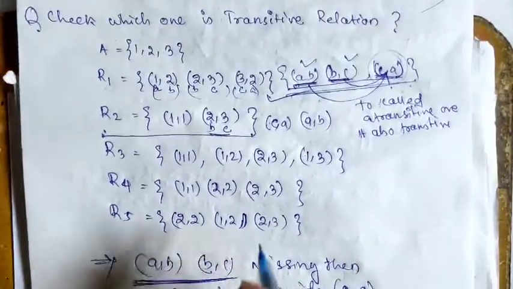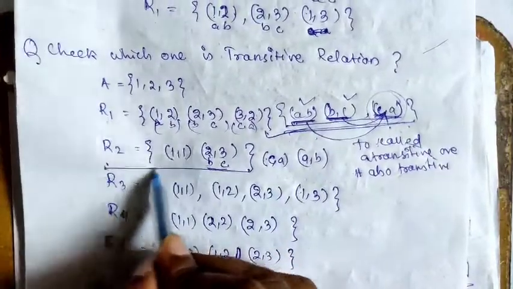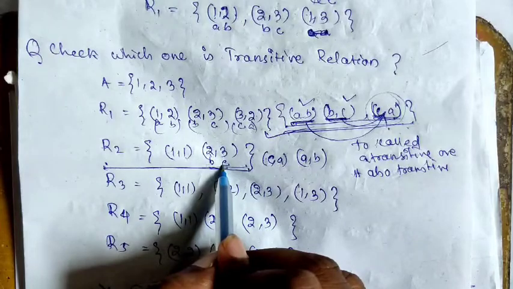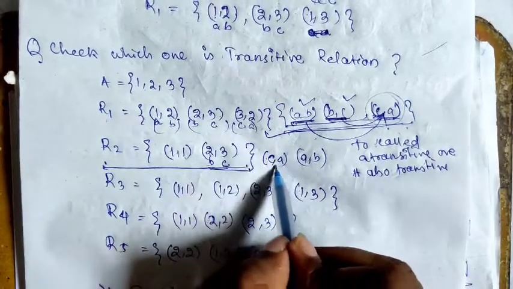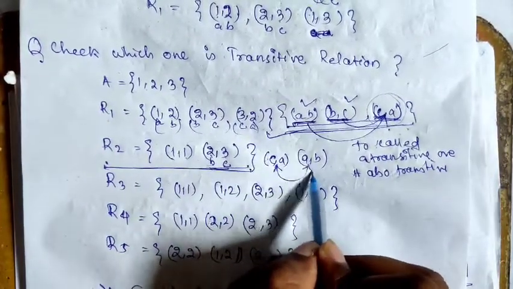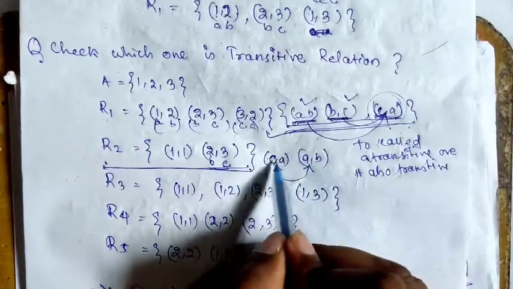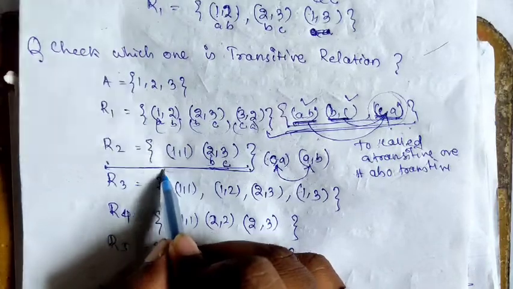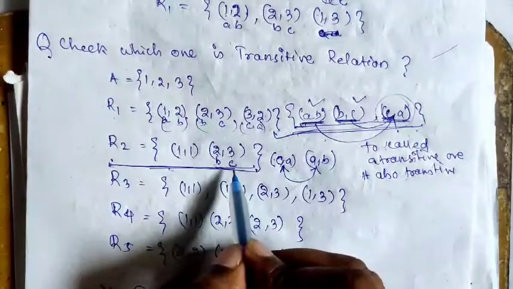So in this example, although BC is present, the other of the two order pairs is not present, so it is a transitive relation.